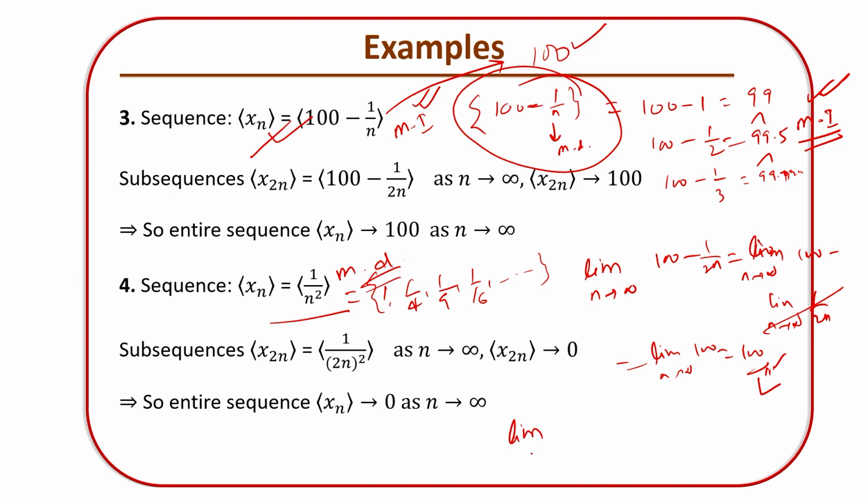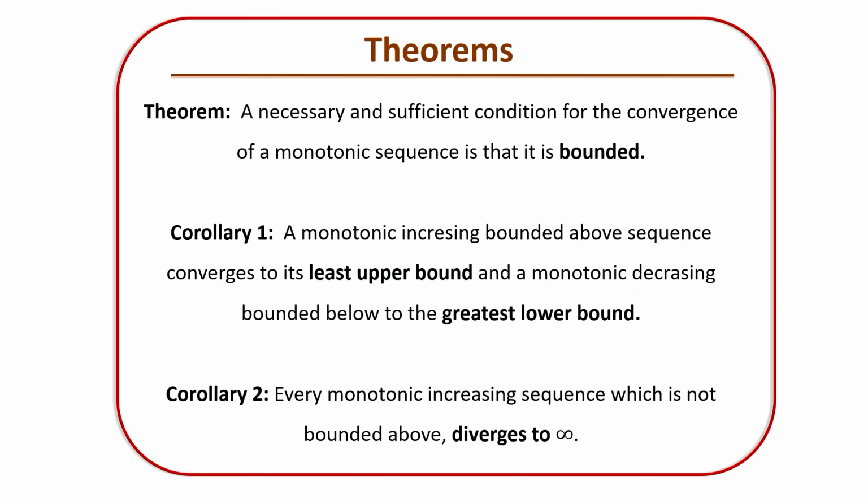Firstly we will check whether it is a converging subsequence or not. The limit as n tends to infinity of 1 by (2n) whole square is going to be 0. So it is a converging subsequence that converges to 0, right. So L is equal to 0 here. Without any check we can say that this sequence is converging and converges to the point 0.